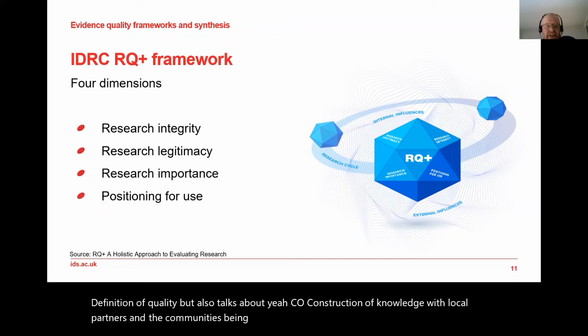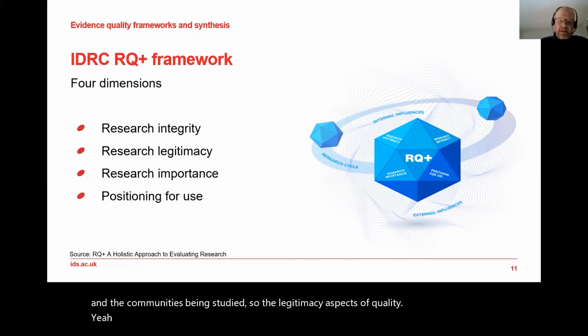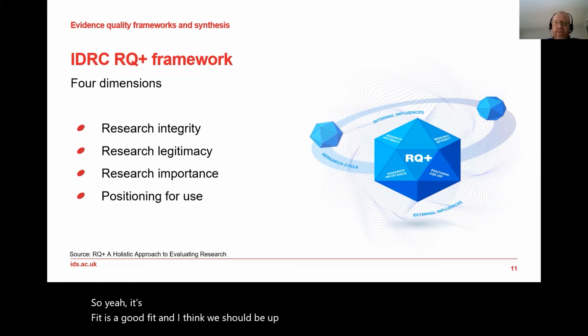So the legitimacy aspects of quality, and also it focuses on impact. So under that positioning for use. So it's a good fit, and I think we should be upfront about that. It's a good fit for how IDS sees research.